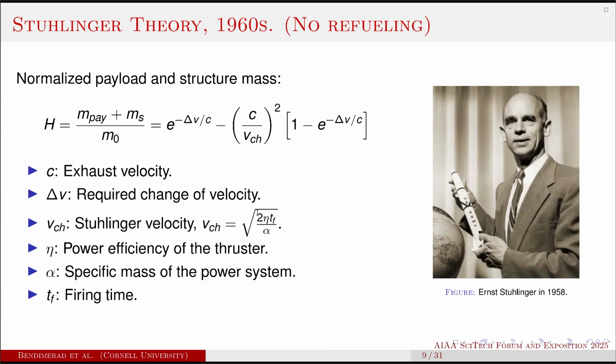It is a function of eta, which is the power efficiency, and alpha, which is the specific mass of the power system. For example, if we have a solar array, the specific mass of the solar array is the mass of the solar array over the power that it can produce. And TF is the firing time of the thruster.